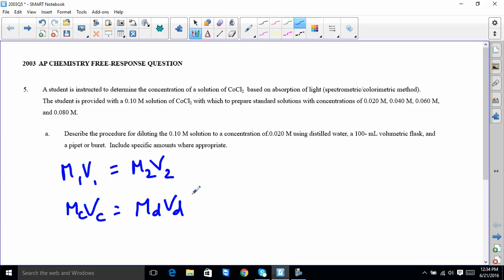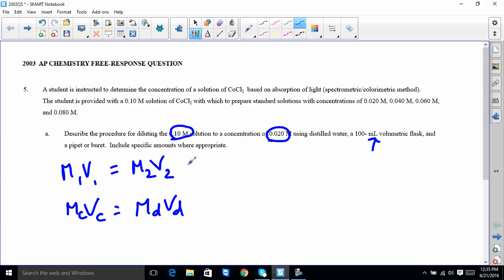So if you look up here, the initial concentration is 0.1 and the dilute concentration is 0.02, and then there's the volume, because the volumetric flask comes in 100 mil, 200 mil, 250, 500, and 1,000 mil or 1 liter. And so you can't make 455. You have to make 500 and then just not use part of it.